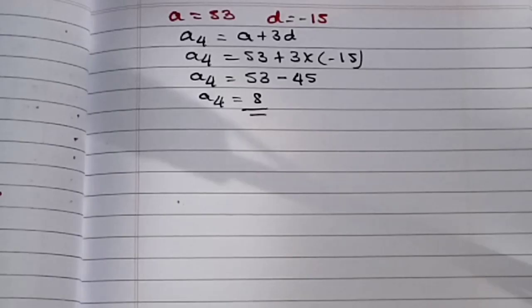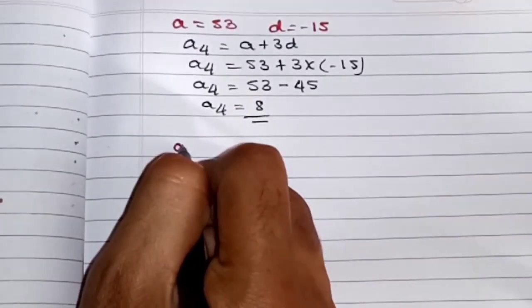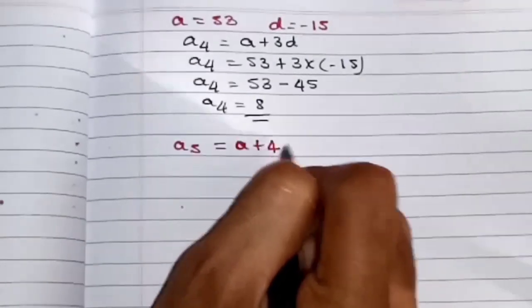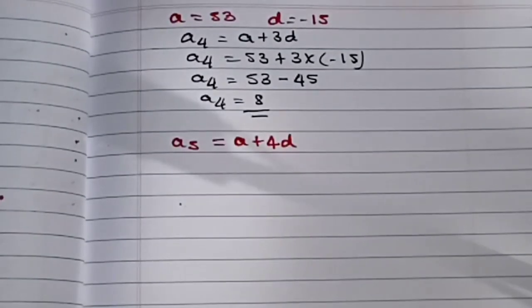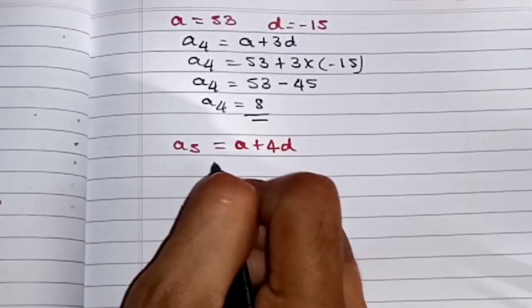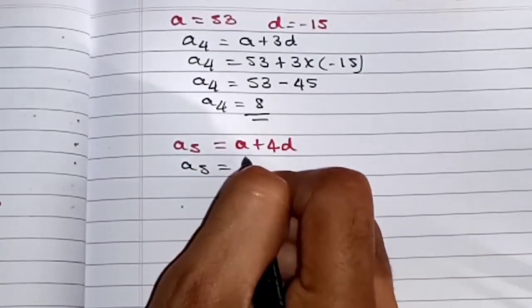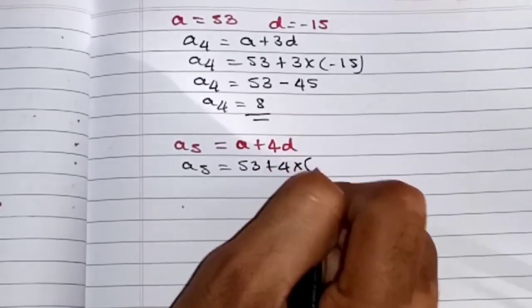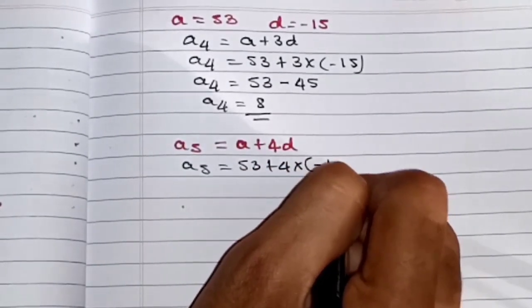Last you need to find the a fifth term. So the a fifth term formula is a plus 4 into d. Okay, so that implies the a fifth term is equal to, a will be 53 plus 4 into d, which will be minus 15.